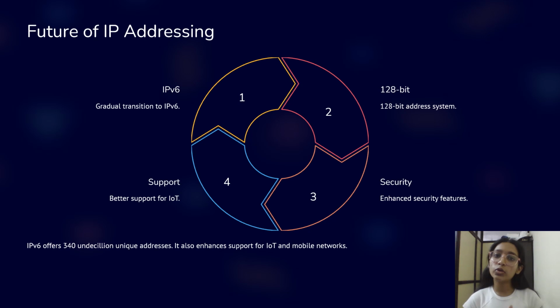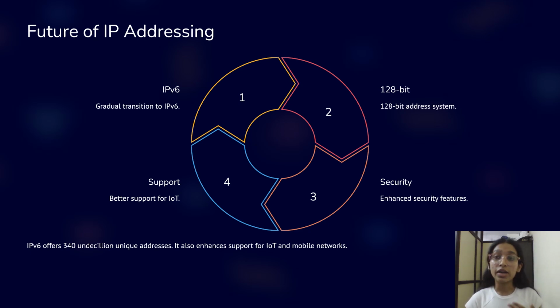To focus on the future of IP addressing, as we discussed earlier, IP version 6 is going to be the future of IP addressing, where we will experience a gradual transition to it. It will have a 128-bit addressing system.